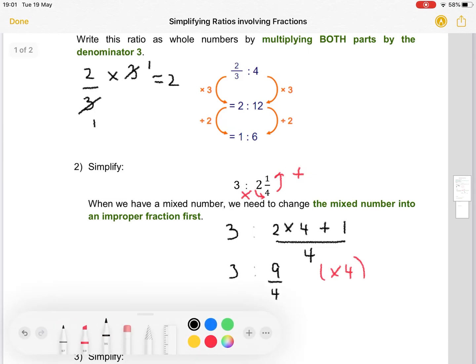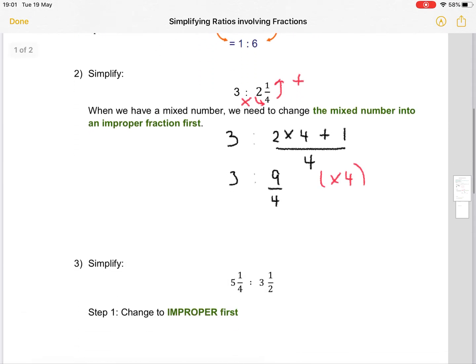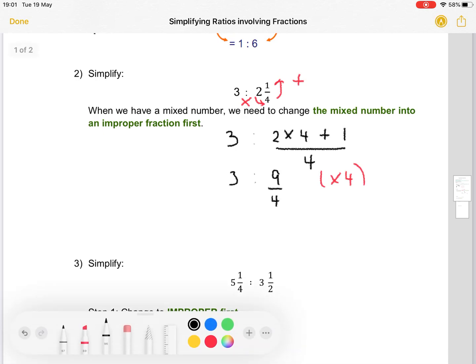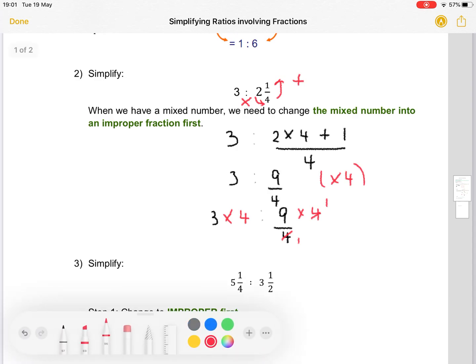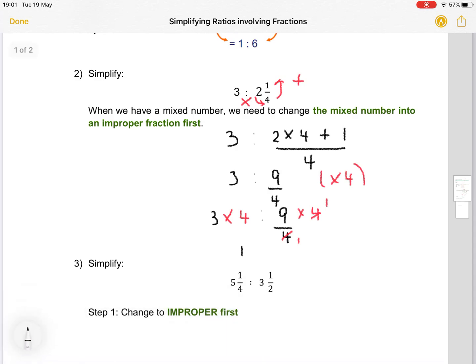So I end up with 3 times 4 is to 9 all over 4 times 4. I can cancel the 4 with the 4. So I end up with 3 times 4, it's 12 is to 9. All right? So 12 is to 9.